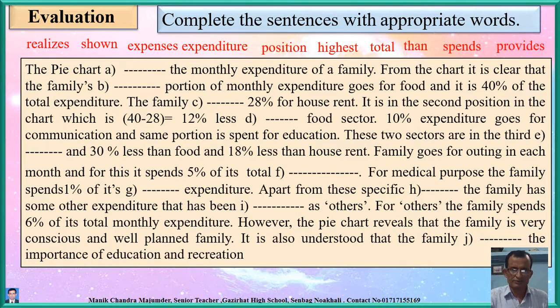Yes, thank you learners. The pie chart provides the monthly expenditure of a family. From the chart, it is clear that the family dash portion of monthly expenditure goes for food.